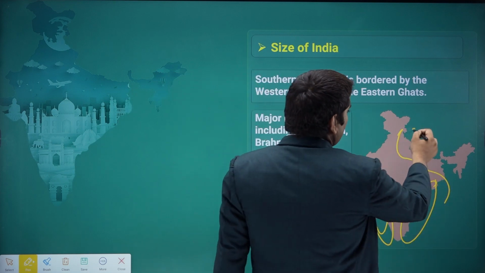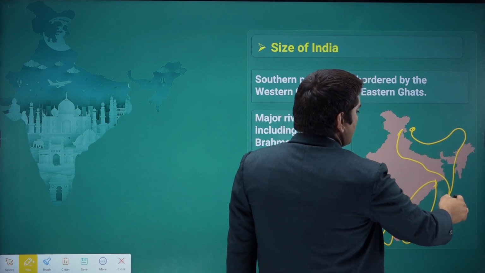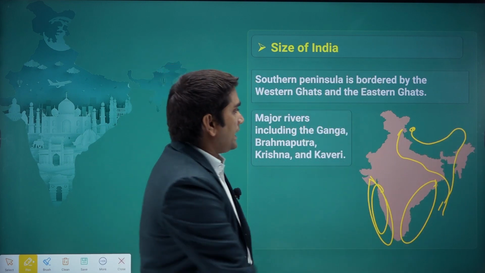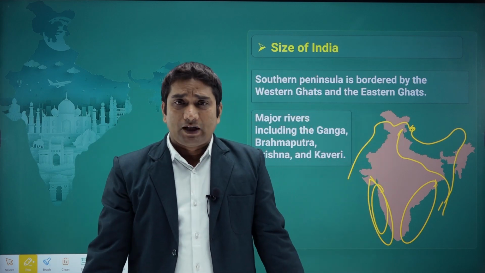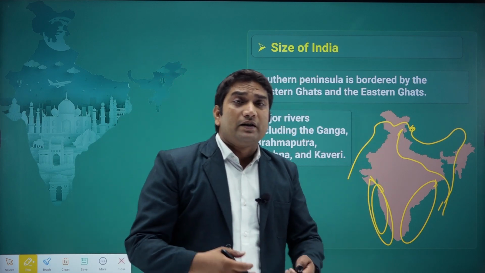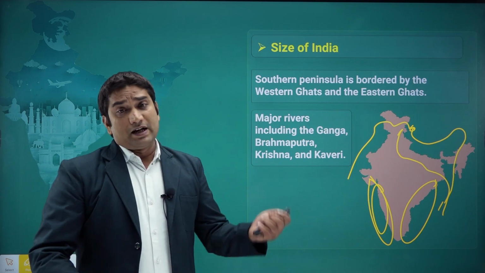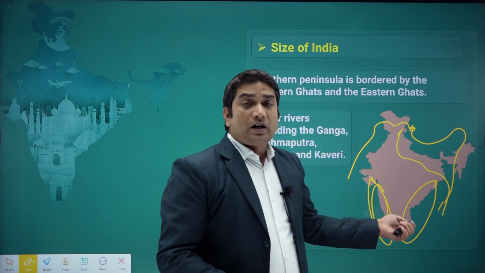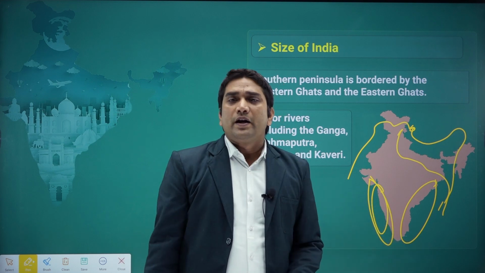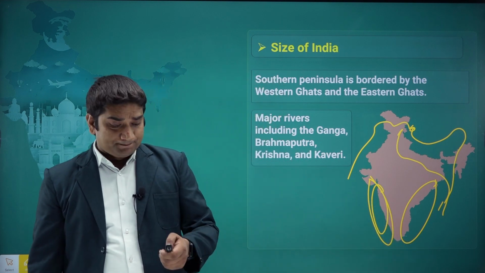Then we have Brahmaputra from Mansarovar Lake. These rivers also divide the country into several regions. Some important peninsular rivers are Krishna and Kaveri.